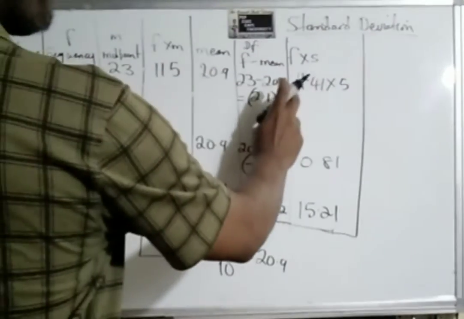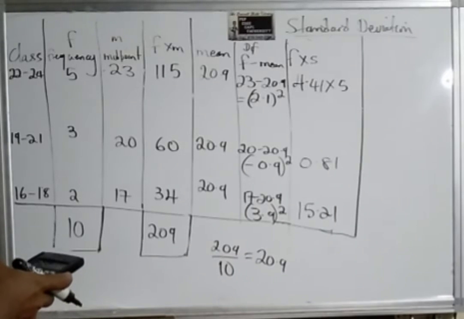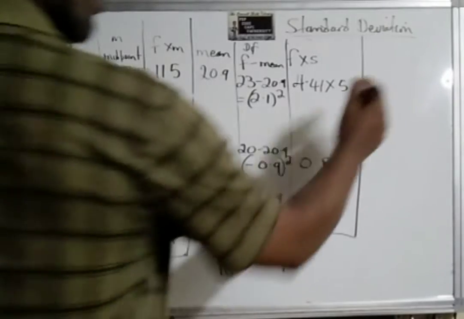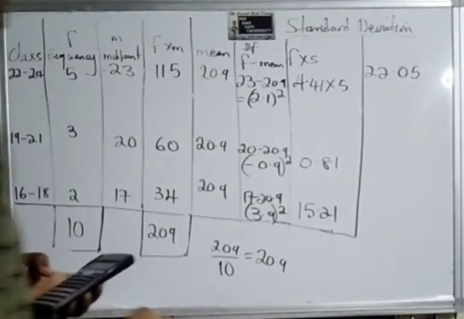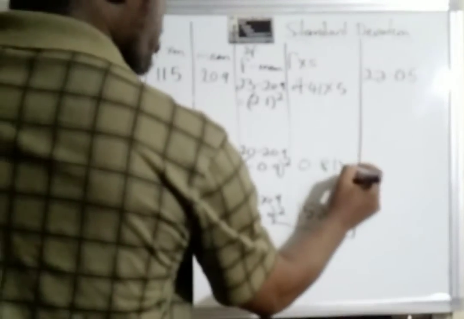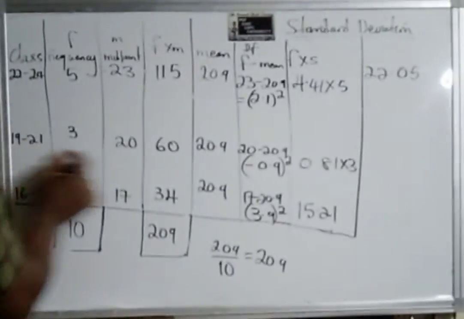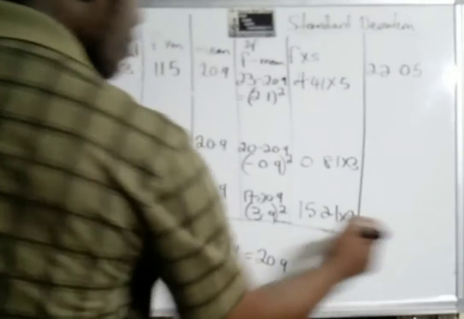Now after we get this, we're going to multiply the frequency by the squared number we got, right? So it will be 4.41 times 5, we get 22.05, and this will be times 3, because the frequency here is 3, and this will be times 2.